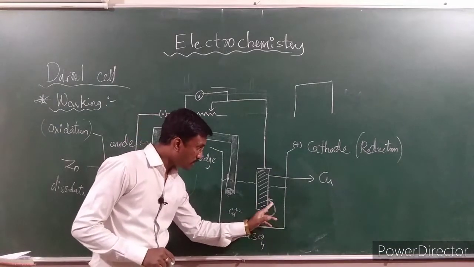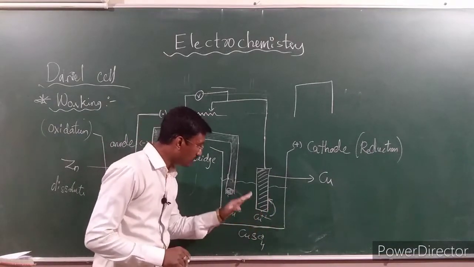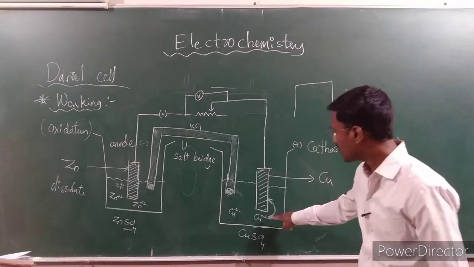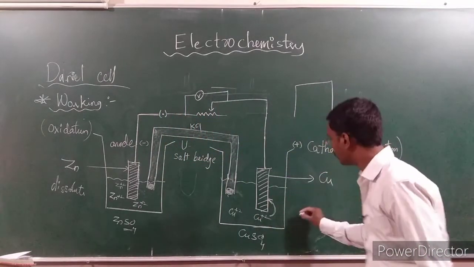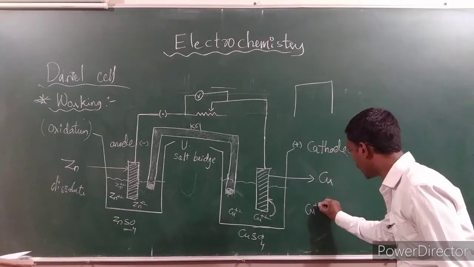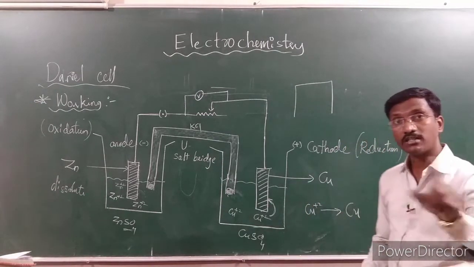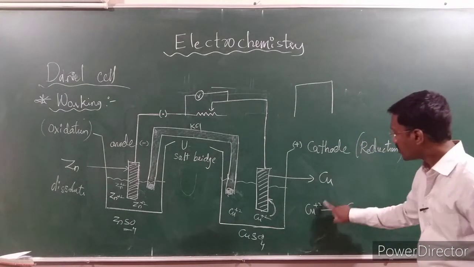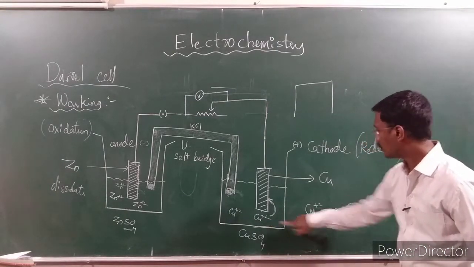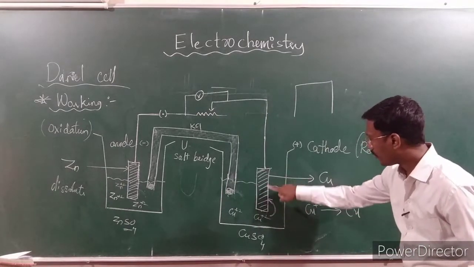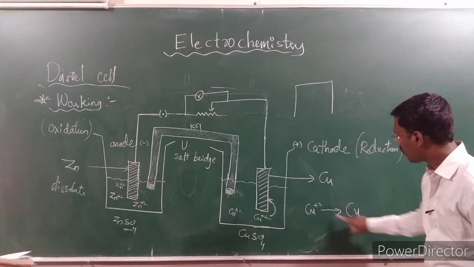Copper, being positively charged in solution, deposits as copper, not as copper 2+. Initially it is in the form of 2+, and it deposits on the copper rod in neutral form.